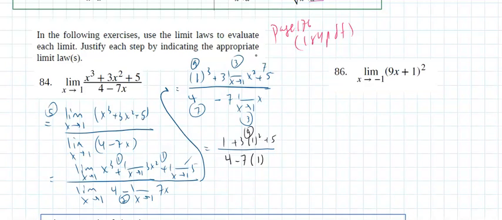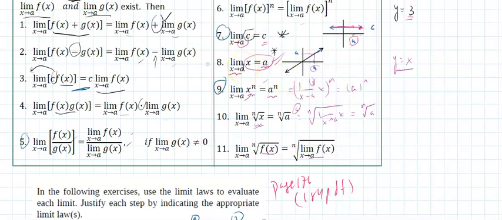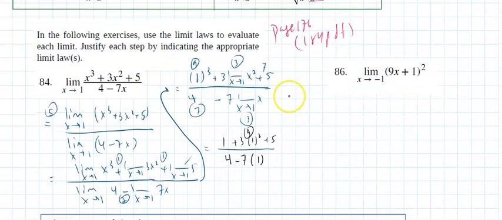You could call that one property or another, it doesn't matter. Notice those are the same. So let's go with that because that's x. And simply, what do we get? 9 divided by 4 minus 7, which is negative 3.